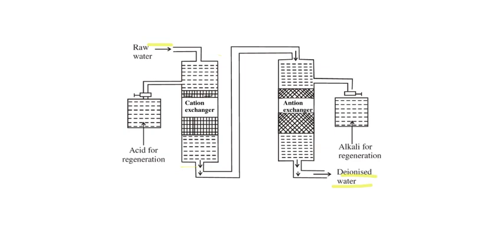When both of the resins are exhausted, in such case raw water feed is stopped, and a side tank you can see is having acid for regeneration of cation exchange resin and alkali for regeneration of anion exchange resin. Now this comes into action.